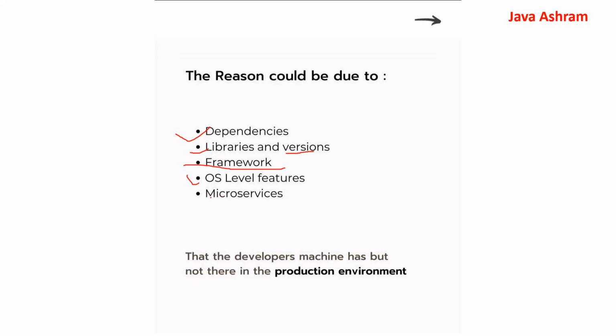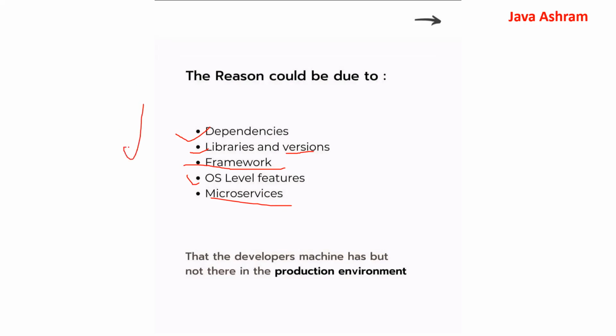Another could be microservices architecture, with different kinds of communication between the microservices, some security level, or public or private cryptography that could differ in the production environment.